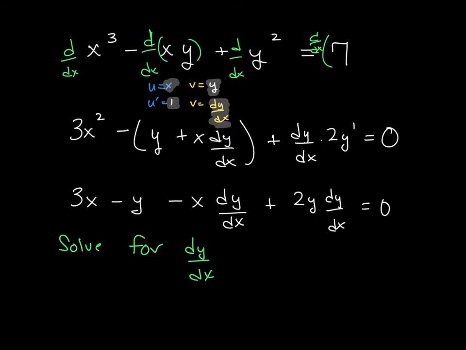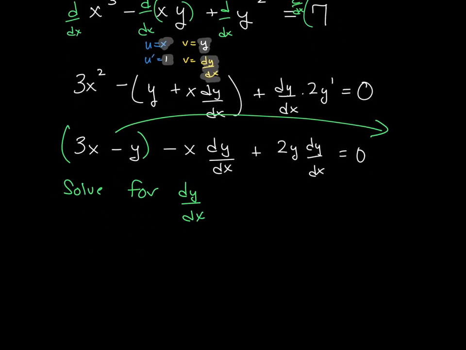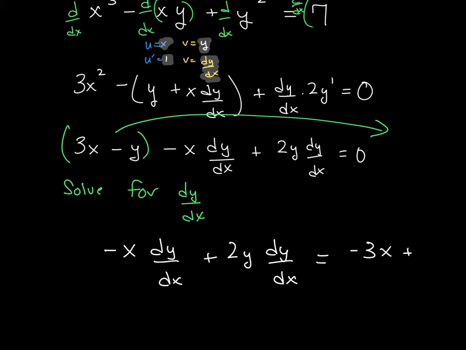I do that by putting all of the dy dx's on the same side of the equation. So for this, I'm going to move both the 3x squared and the y over to the other side. Doing that leaves me with x dy dx plus 2y dy dx is equal to negative 3x squared minus y.